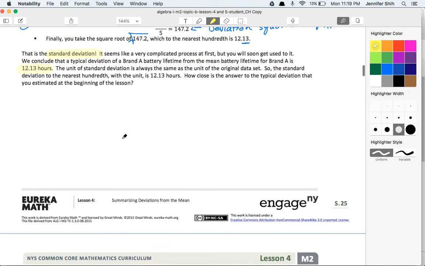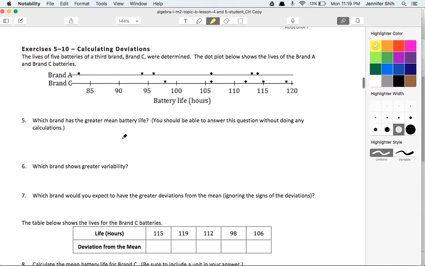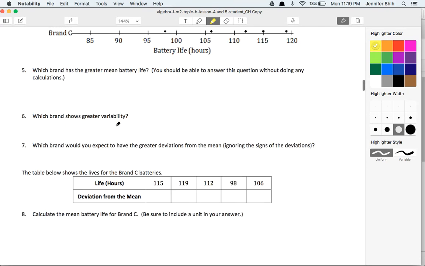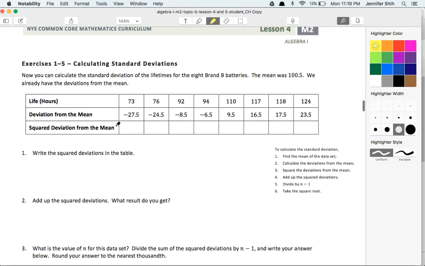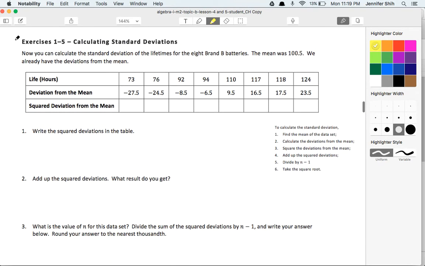Let's practice calculating it, but with brand B. Exercise 1, this is still from lesson 5. Now you can calculate the standard deviation from the 8 brand B batteries. The mean was 100.5.